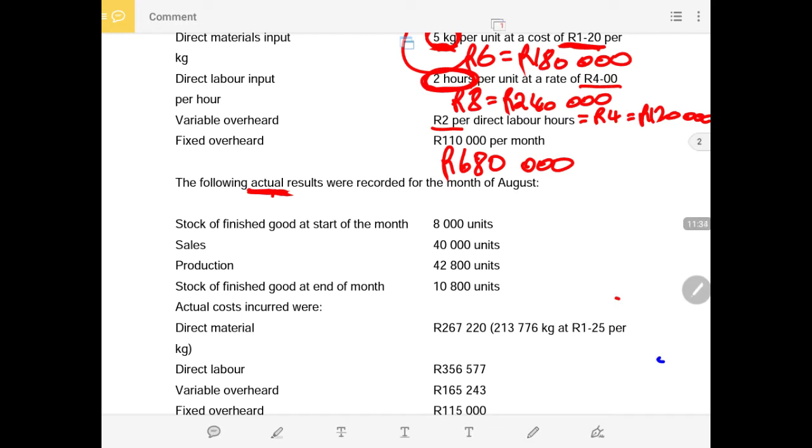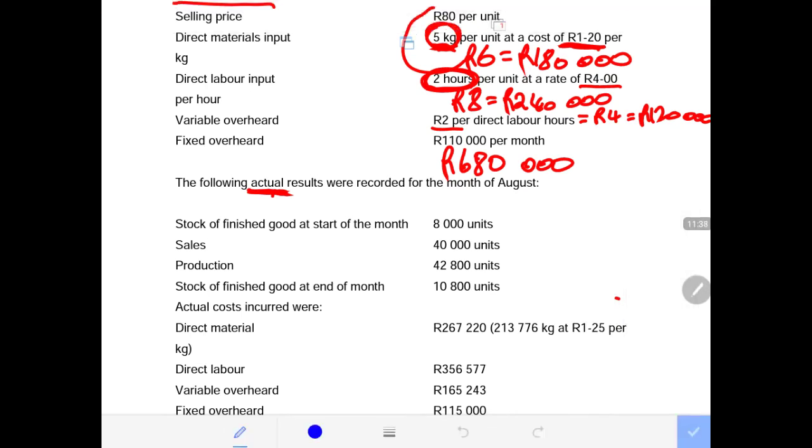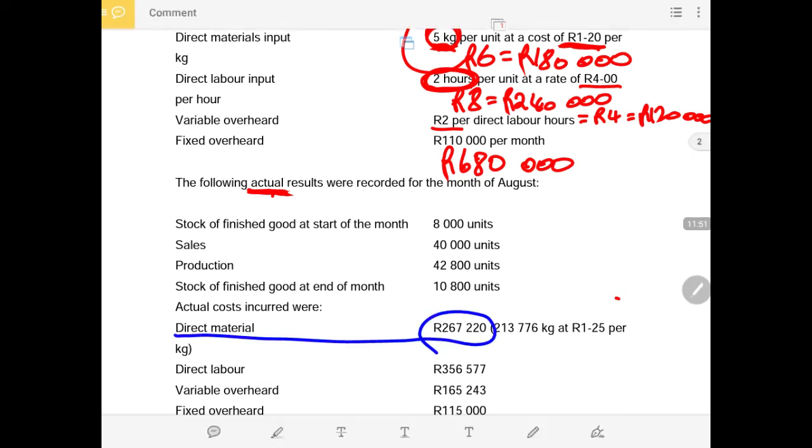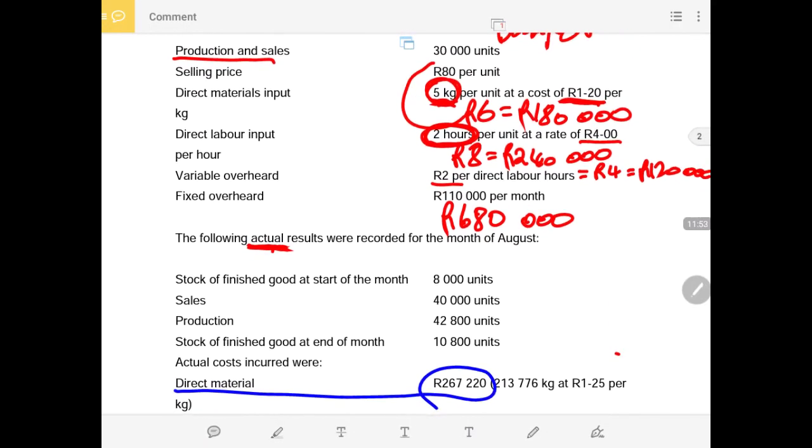Now it further says that we have actual costs that were incurred. Now we are coming to the real numbers. We have direct material cost with a total of 267,220.